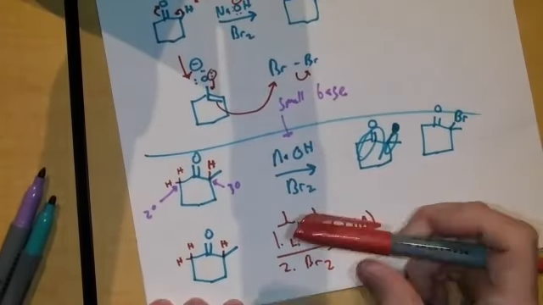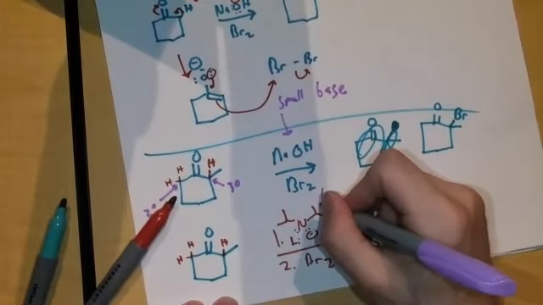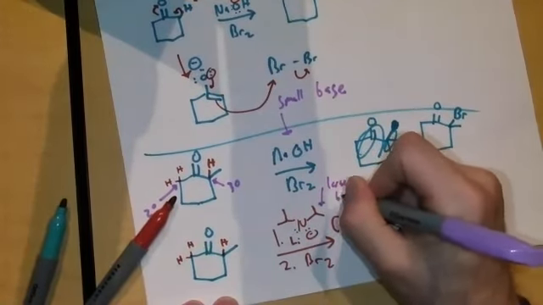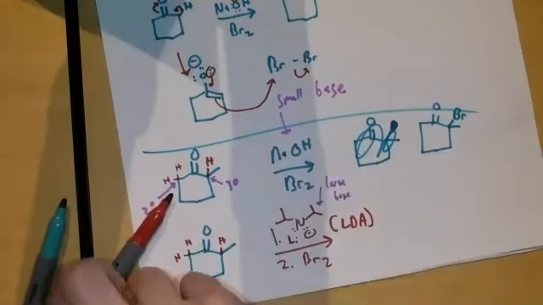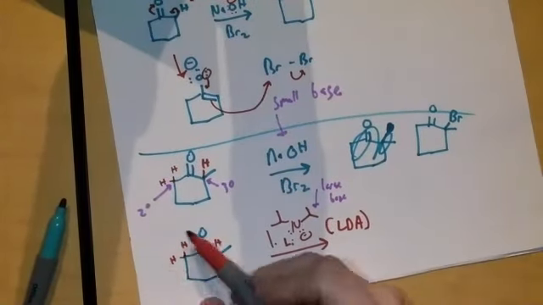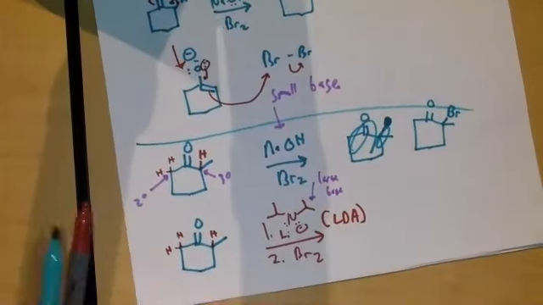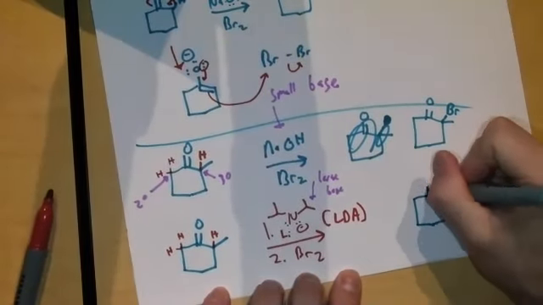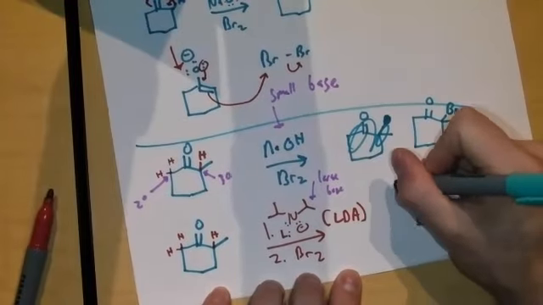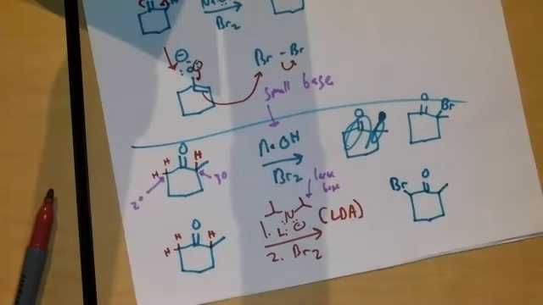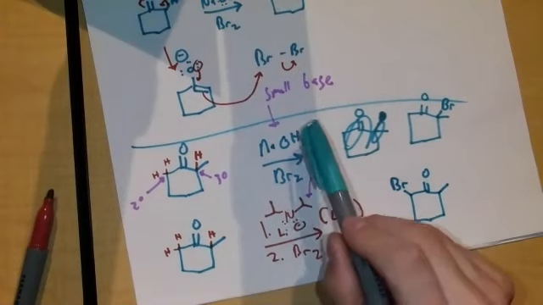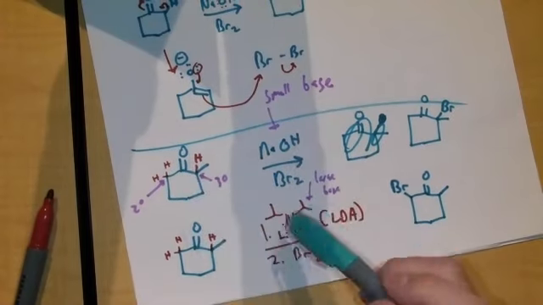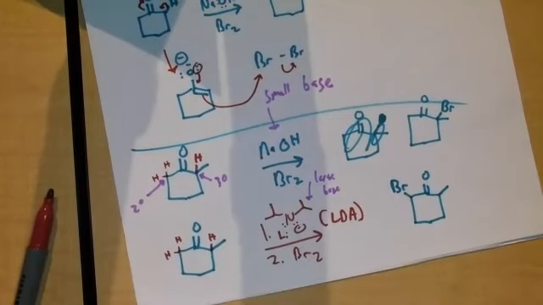Because this is so large, it's going to selectively pull off that less sterically hindered center, which is the secondary center, and we are instead going to brominate on the left here. So following the same normal rules as we did, small base is going to pull off the more substituted center, large base to pull off the less substituted center, and our product is going to follow suit.